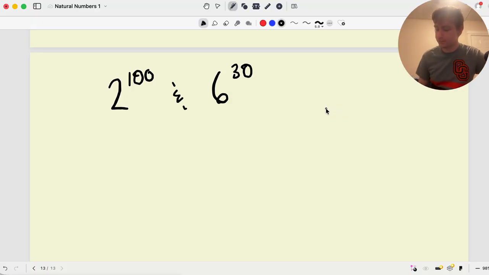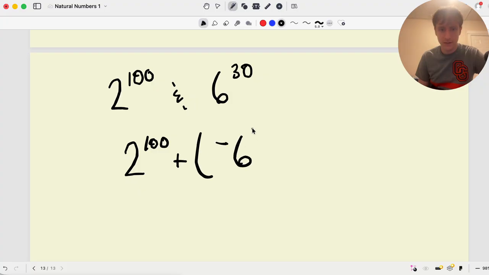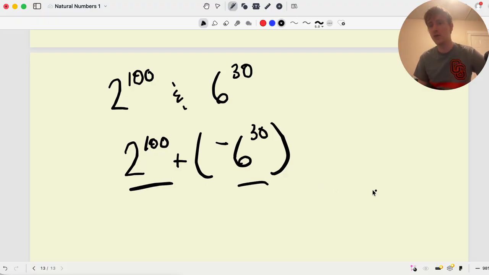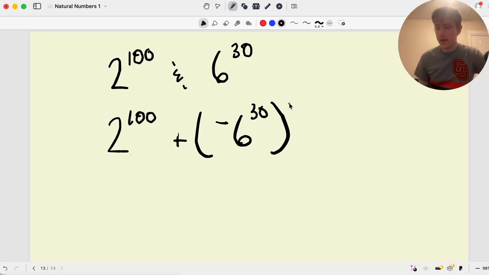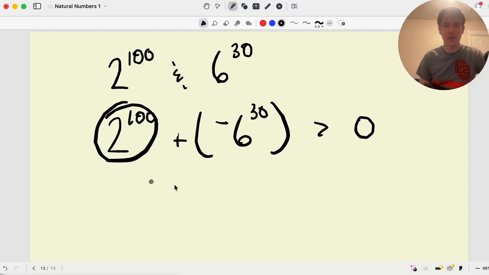Alternatively, you could just take the difference, 2 to the 100 plus the inverse of 6 to the 30th. On a calculator, we call that subtraction. You just take this number minus this number. If we get a positive number, we know that this is bigger, if we get a negative number, we know this is bigger, and if we get 0, they both have the same size. It turns out that if you type this on a calculator, you're going to get that this is positive, which means that this number is bigger.